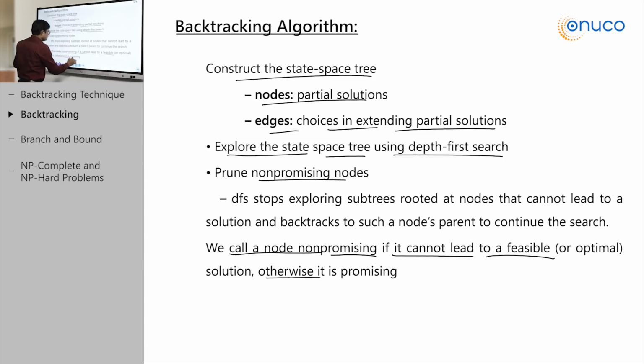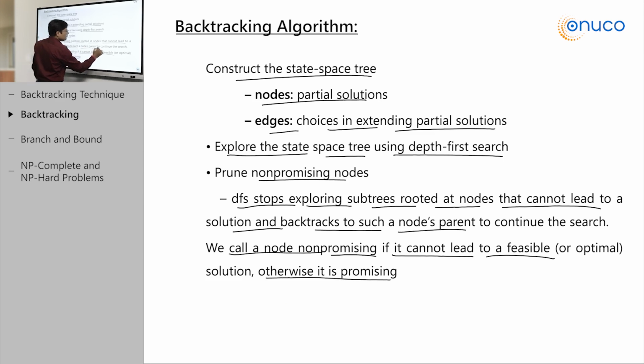Otherwise, it is called promising. It means we have a set of nodes which lead to proper, feasible solutions; those nodes are called promising nodes. DFS stops exploring the subtree rooted at a node that cannot lead to a solution and backtracks to such a node's parent to continue the search. I repeat it again.